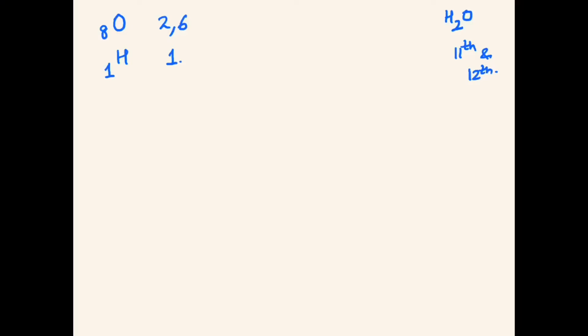Oxygen, atomic number 8. Oxygen has 6 electrons in its valence shell, and the valence shell is the outermost shell. The number of electrons in the outermost shell are known as the valence electrons. Coming to hydrogen, the valence shell is the first one. The number of electrons in the valence shell is 1, so it has 1 valence electron.